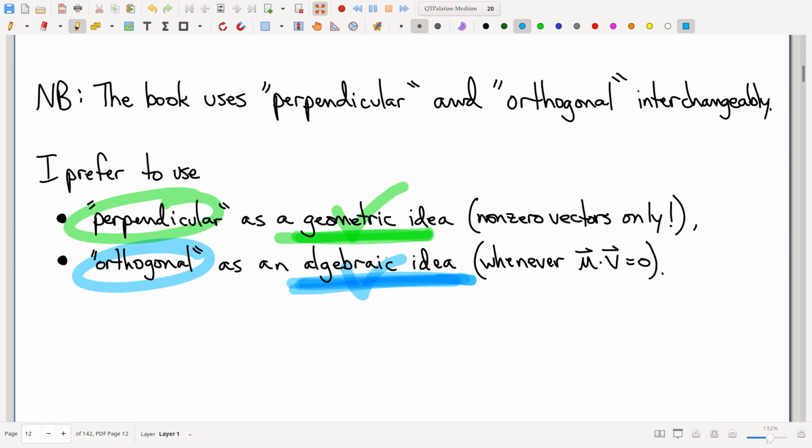There will be times when I will say perpendicular, but it should have been orthogonal, and vice versa. So call me out on it, right? If you see me mess that up. And y'all likewise need to be careful to try to distinguish and use these terms distinctly, and not blur that distinction. Is that cool? Everybody happy?